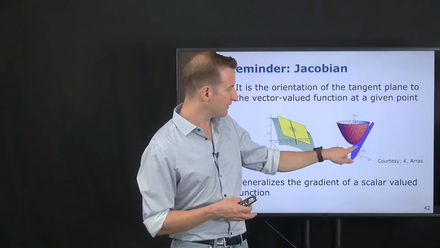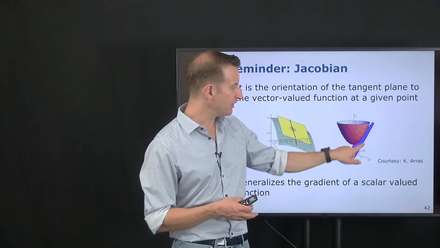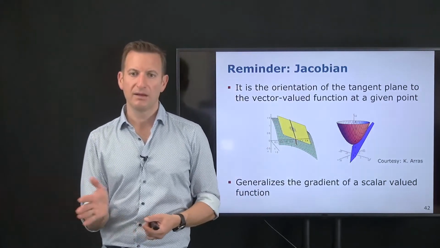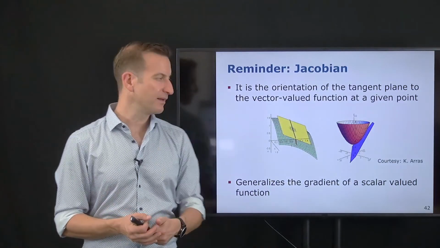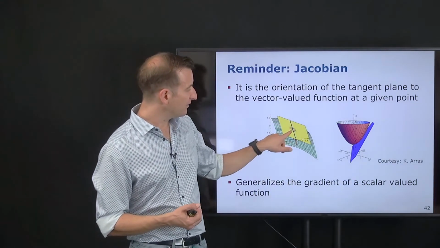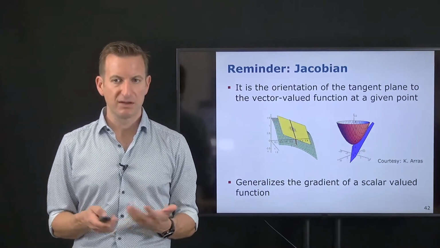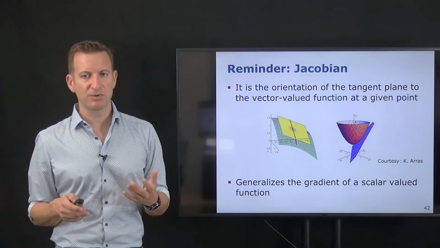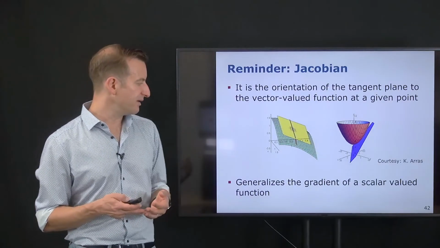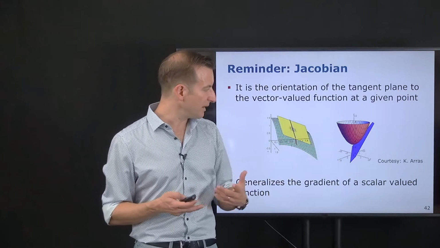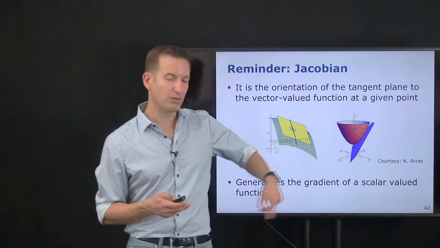If this is my original function and I compute the linearization point in here, I get this blue plane, and I'm moving on that blue plane. What you can also see here is that typically, if I stay close enough to the linearization point, it can be a good approximation, but the further I move away from the linearization point, often the worse the approximation gets, especially with this blue curve down here.